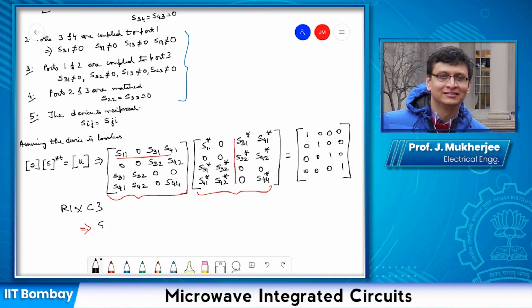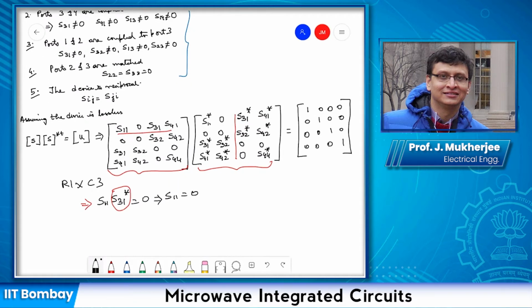I get S11 S31 conjugate equal to 0. We already know that S31 cannot be 0, hence S31 conjugate also cannot be 0. So in order to satisfy this equation, we have to have S11 equal to 0.